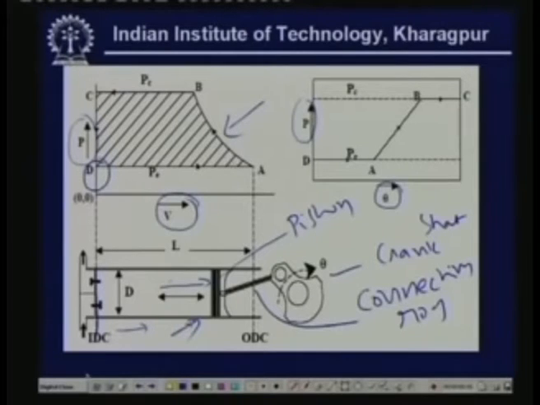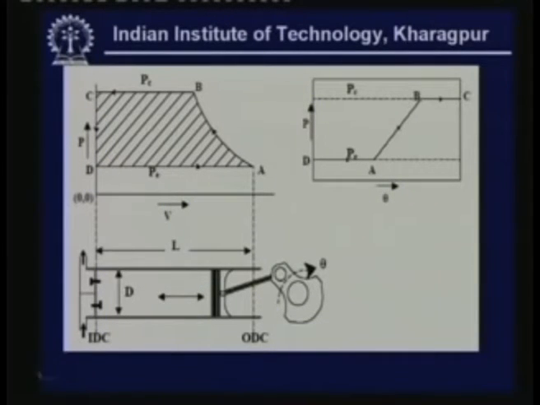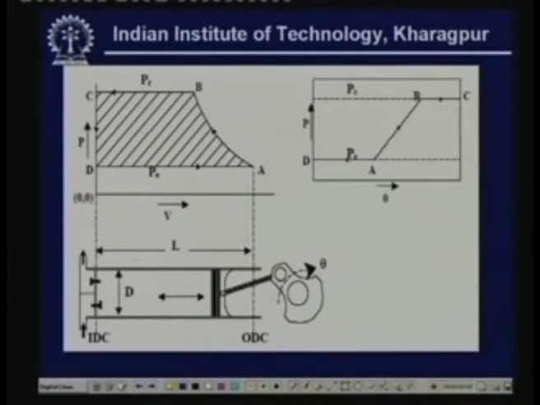Let me explain the processes here. It consists of three processes. The first process is process D to A. During this process, the piston moves from the inner dead center to the outer dead center. Initially there is no refrigerant gas inside the cylinder.